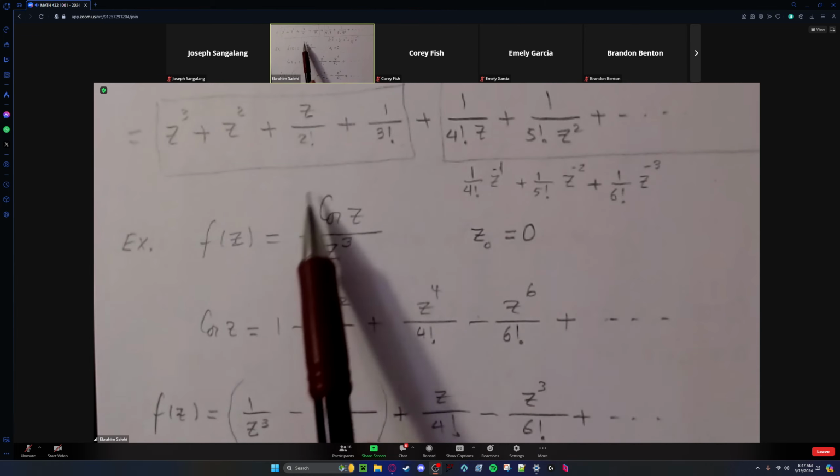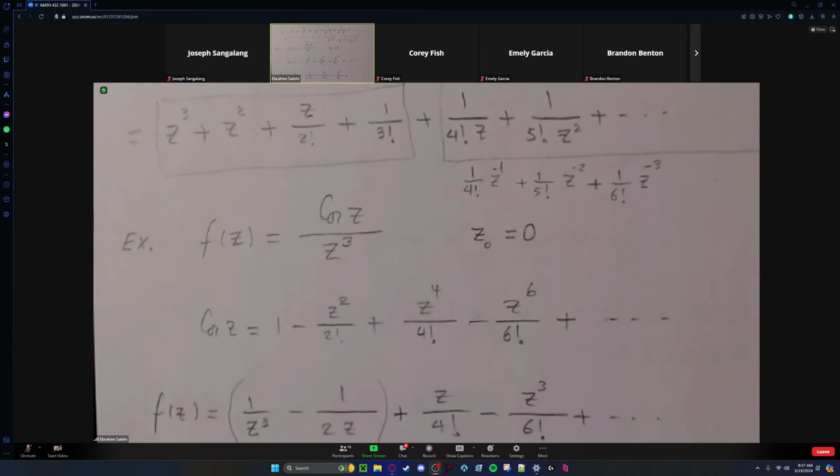But in general, it's better to write the Laurent series and then make the judgment of what kind of pole it is. Yes, you're right, Brandon. It's always the larger degree of denominator. Okay, good.